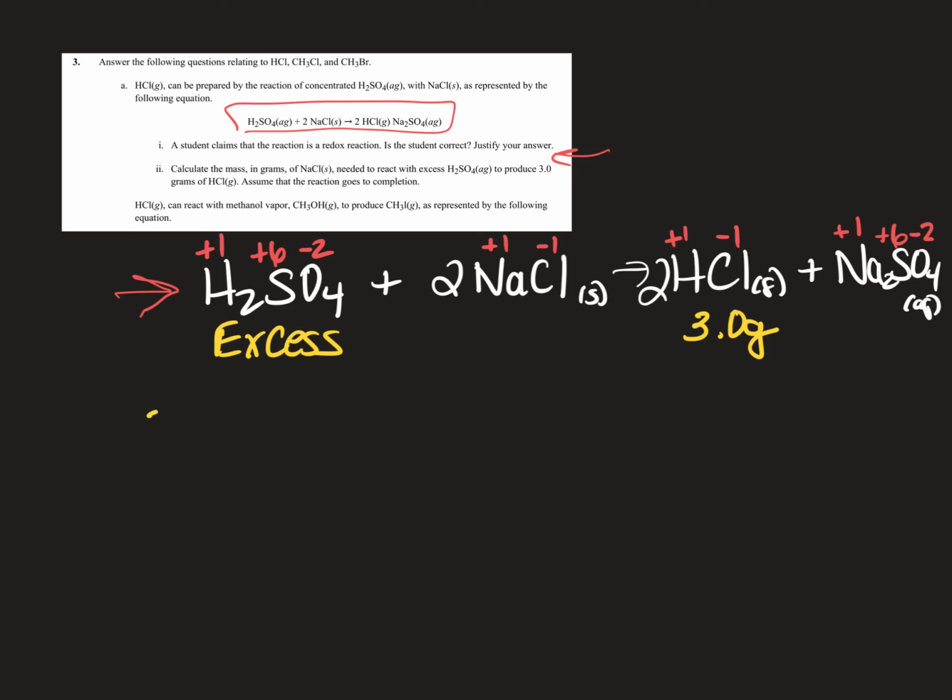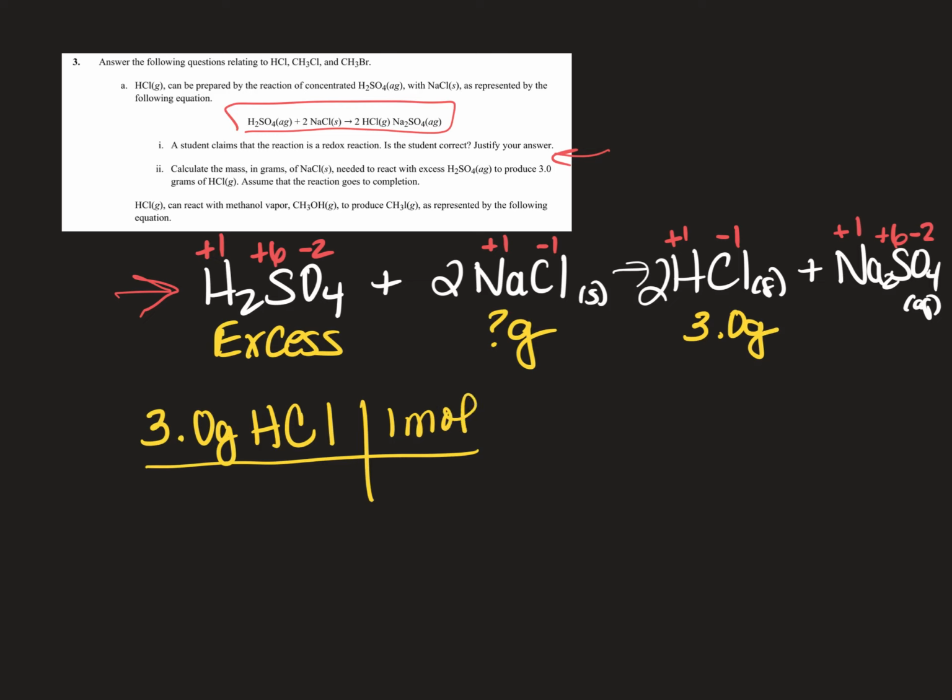So now I'm going to look at, I have excess, so I know that I have more than enough, and I want to figure out what mass in grams I need. So I have 3 grams of HCl, and then I want to get that into moles, so I know that in 1 mole of HCl, there's 36.46 grams of HCl.